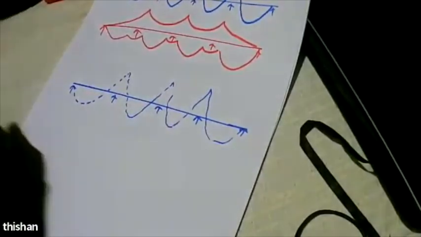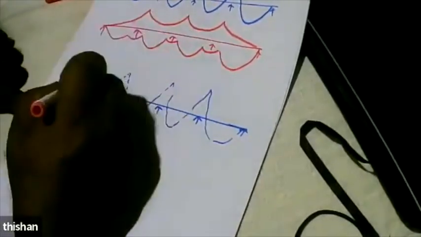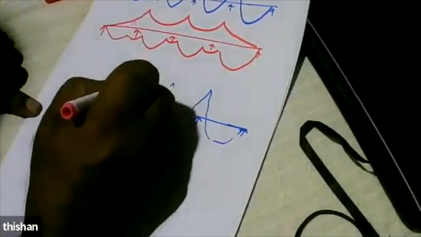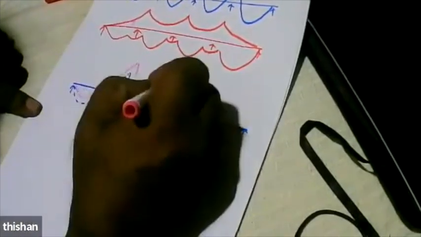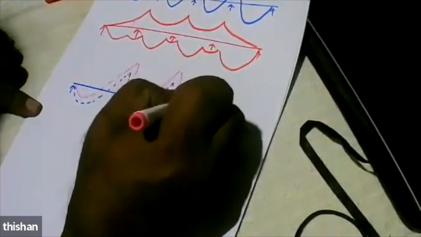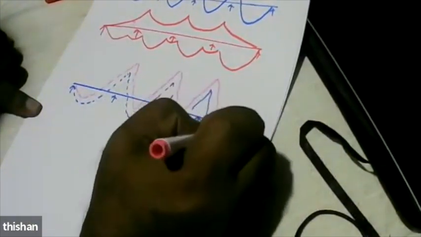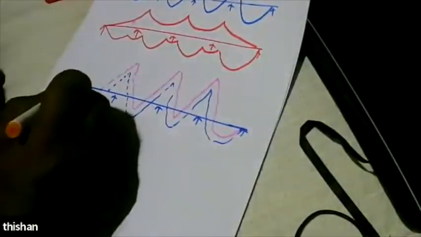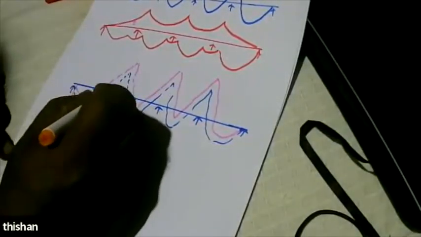And a minimum moment, this is negative, so this will go above. And this will go below. The maximum will go below.